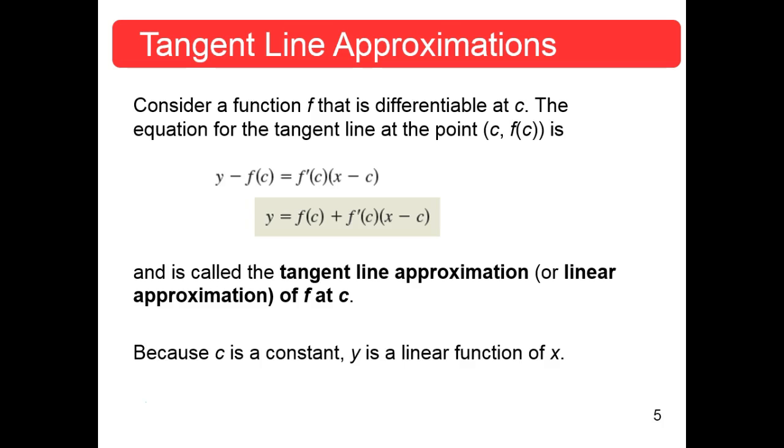Now we're going to make a slight change to this. We're going to add f of c to both sides. That brings it over here. So y is equal to f of c, that's your y value there, plus the slope times x minus c. As long as x is not far off from c, this is going to be a small amount. Multiply it by the slope, that gives you a little bit of a change. Add it to this, and that's a new estimate for the y value.